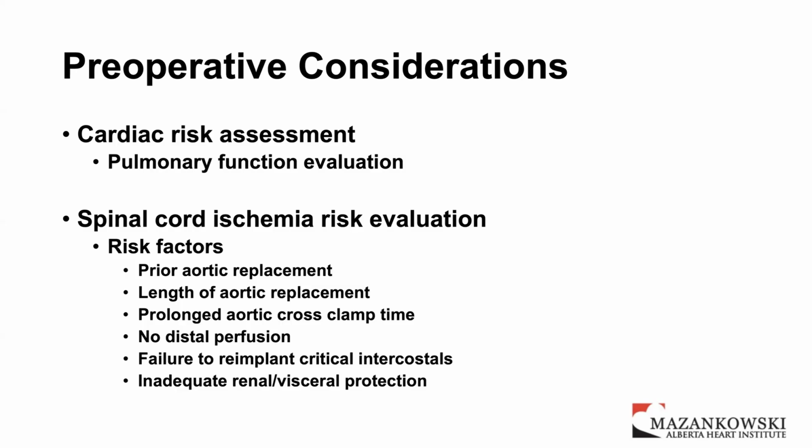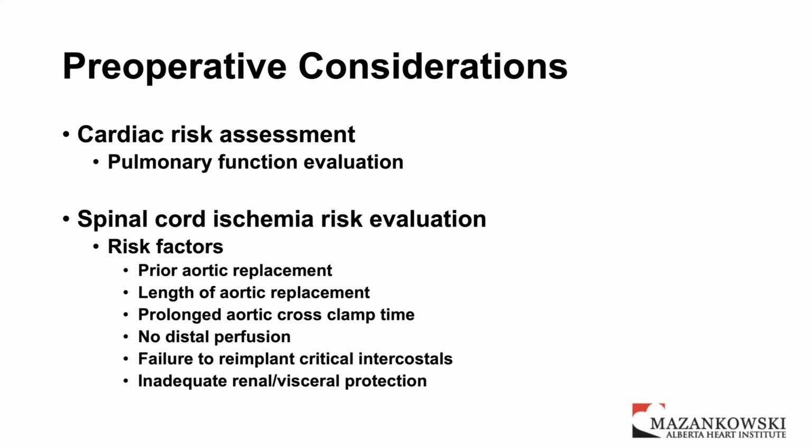So known risk factors: prior aortic replacement, infrarenal abdominal aortic work, whether it's open or endovascular, when the patients lose their collaterals, the lumbars, the internal iliacs, or the hypogastric vessels, we're subjecting the patient to a higher risk of spinal cord injury. Prolonged aortic cross-clamp times, the lack of distal perfusion if you're doing open interventions, the failure to reimplant critical intercostals or covering them with stent grafts can definitely impact that risk.